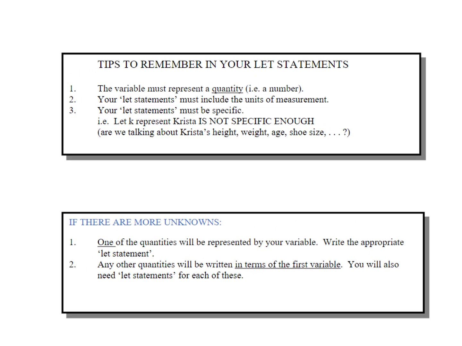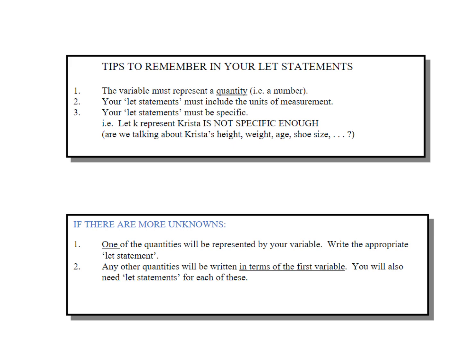So let's just have a look. The variable that you're using must represent a quantity. That means it must be representing a number. You must have the units that you're measuring it in, and it must be specific. So let K represent Krista is not specific. What is it about Krista? Are we talking about her height, her weight, her age, her shoe size?